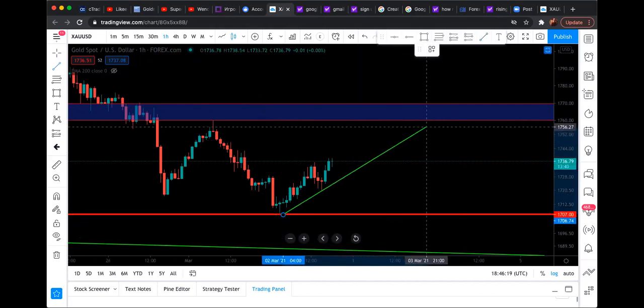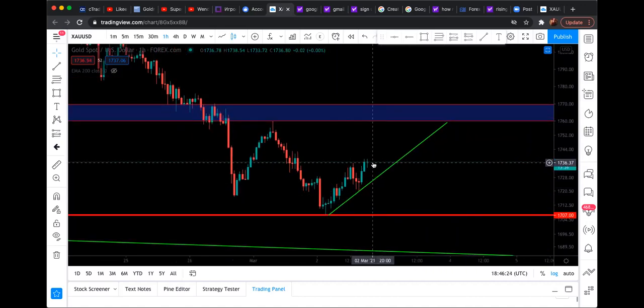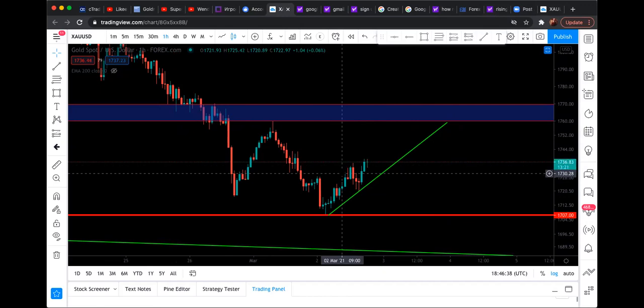So this is what we are seeing over here, as you could see, and then price is going up. Now it's playing around here because the volatility is less over here because London is over, New York is getting ready to close, that kind of a thing. Yeah.